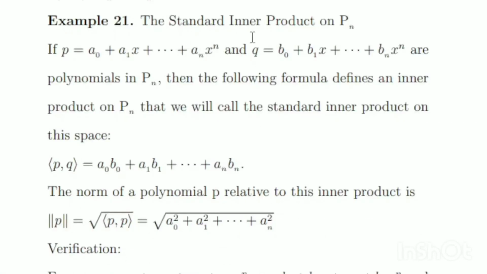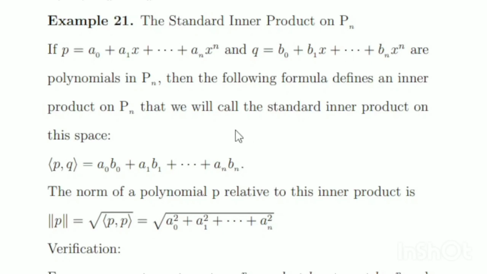The standard inner product on Pn. If P equals a0 plus a1 x plus etc. plus an x raised to n, and Q equals b0 plus b1 x plus etc. plus bn x raised to n are two polynomials in Pn, then the following formula defines an inner product on Pn, called the standard inner product on this space.